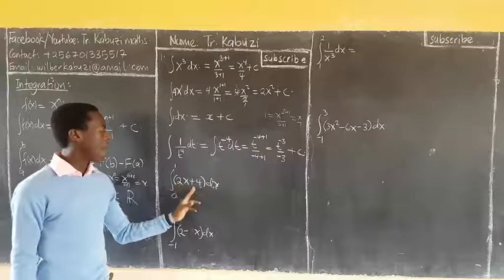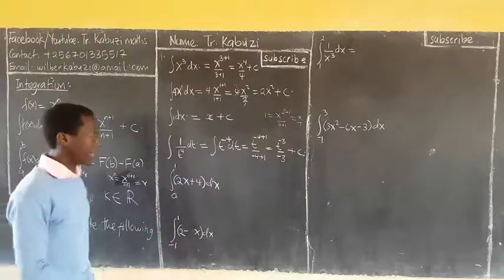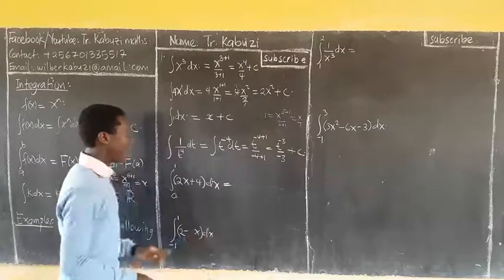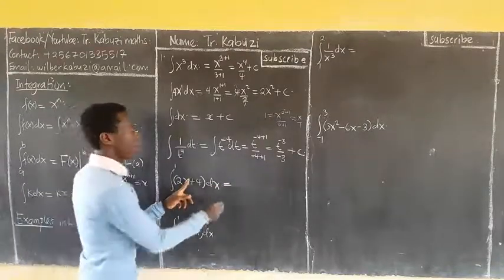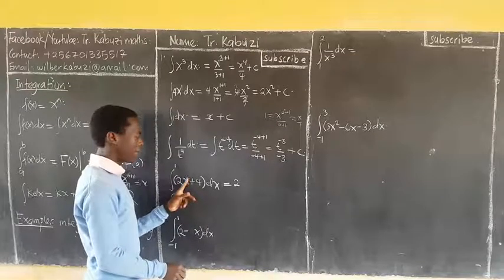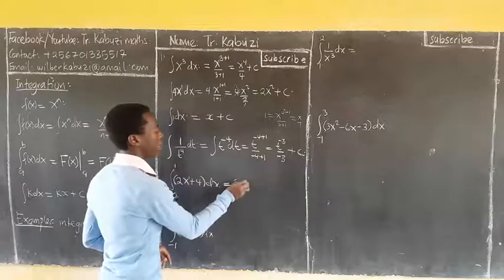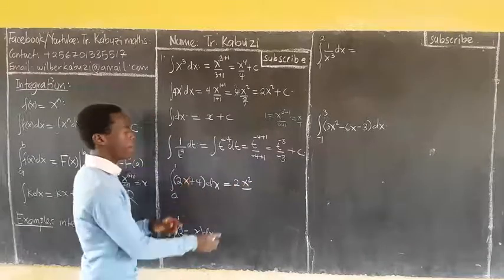Now we start with this one, we have more than 2 terms. It's okay. You just apply the same idea. So this one is x power 1, so we have 2 here. Then when I increase this power by 1, 1 plus 1, I'll be having x power 2 over the new power, which is 2.